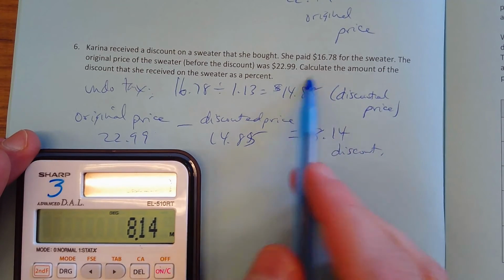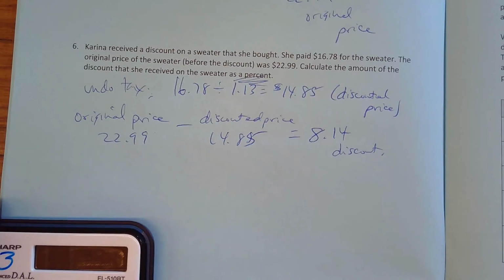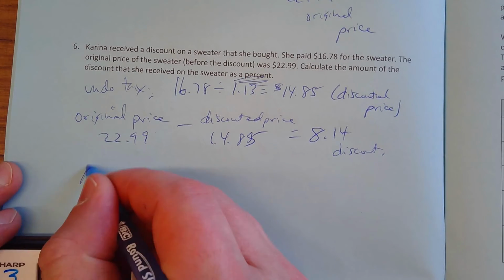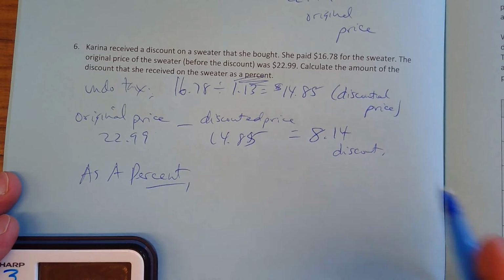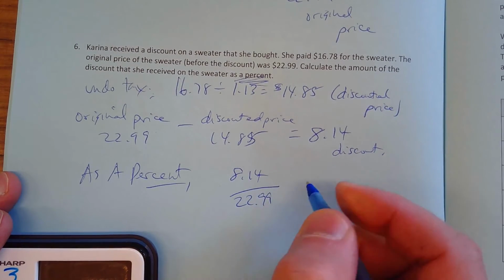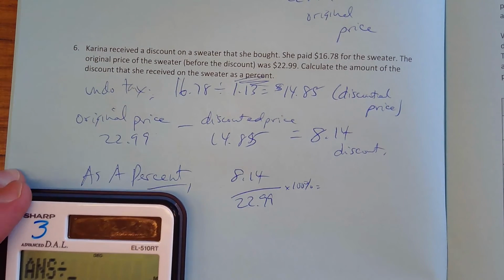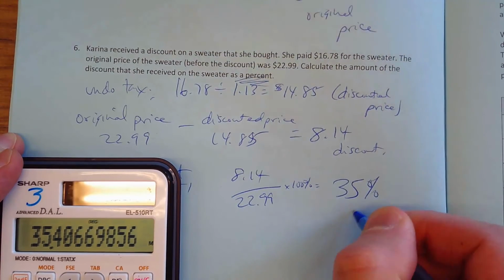It says calculate the amount of the discount she received as a percent. So to figure out what that is as a percent, I can just divide by the original price. $8.14 divided by $22.99 times 100%. That is a 35% discount.